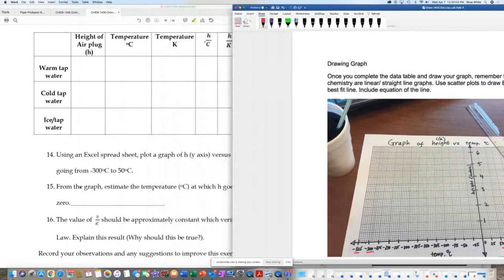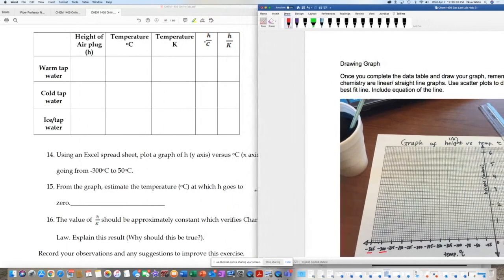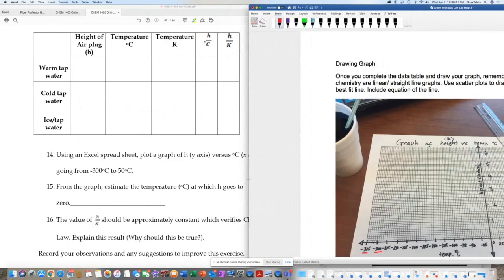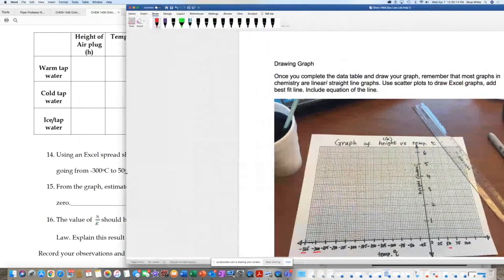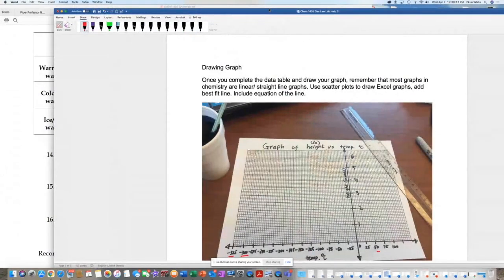And then it says, from the graph, estimate the temperature at which H goes to 0. So I'm just going to pick some random points. This is not the answer. That's my disclaimer. I'm going to post this so others will get a chance to hear what I'm saying to you. This is completely fake. I can tell you right now, it's not the correct one, because let me tell you how wrong this is.